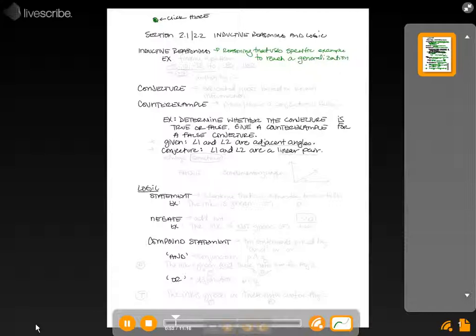Okay, so I look at one little example, I look at another little example, I look at a third little example, I see what all of them have in common, and then I come to a generalization for all of the examples I looked at.